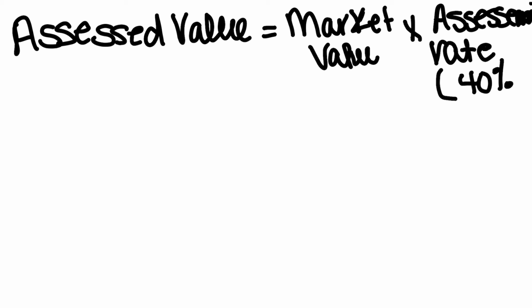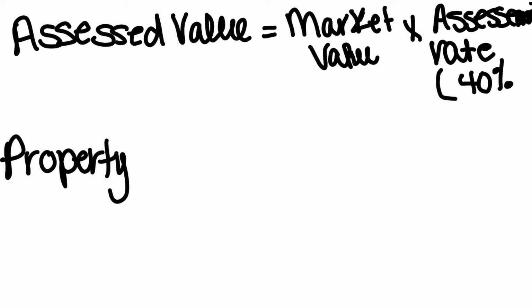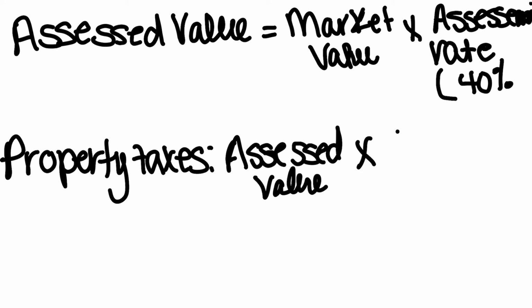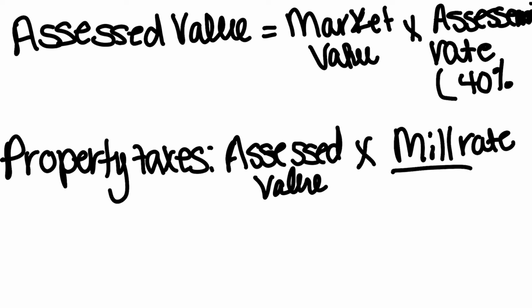All right, and then for your property taxes, you are going to take your assessed value and multiply by your mill rate. And keep in mind that there could be questions that ask you per mill rate or per 100.